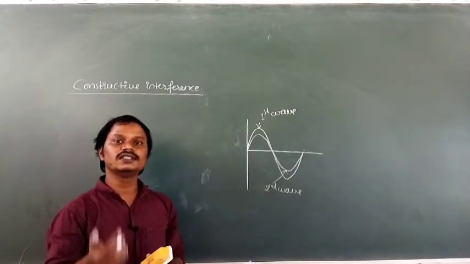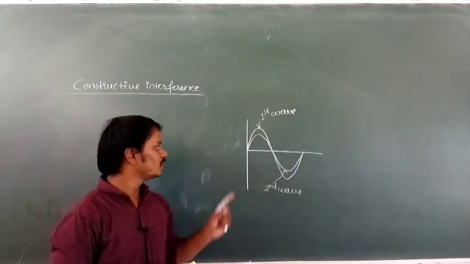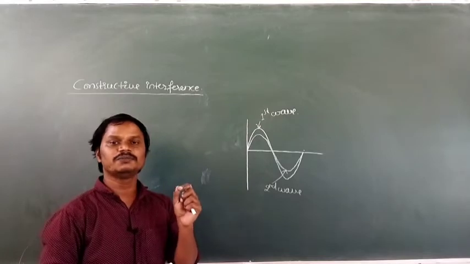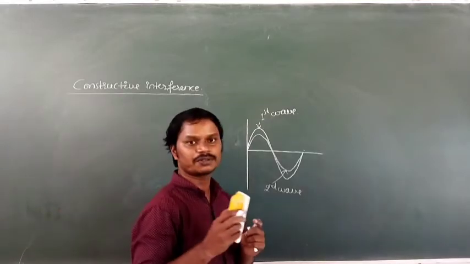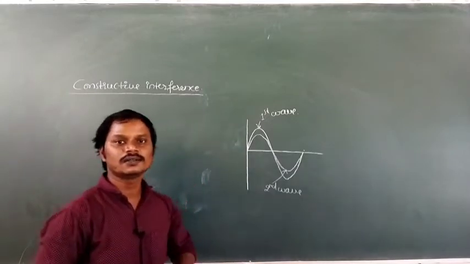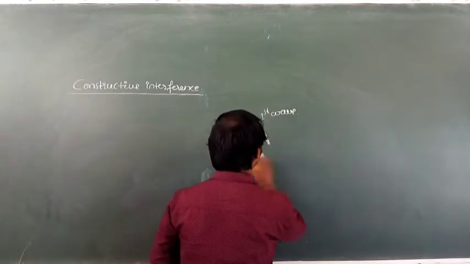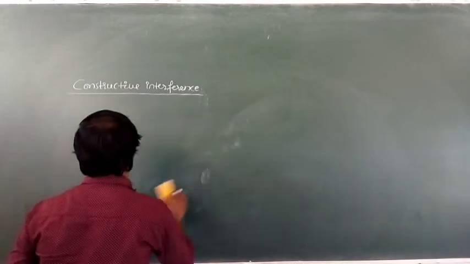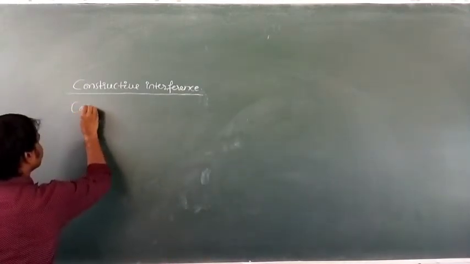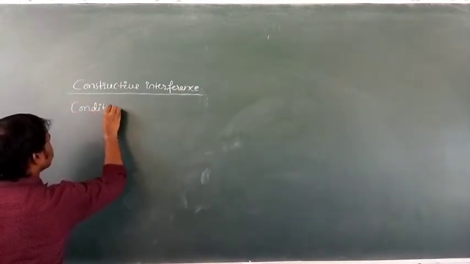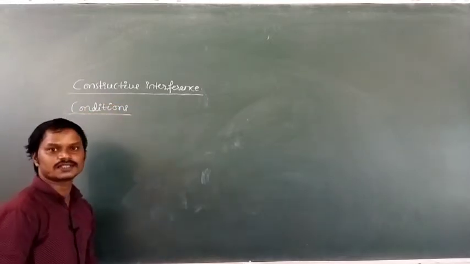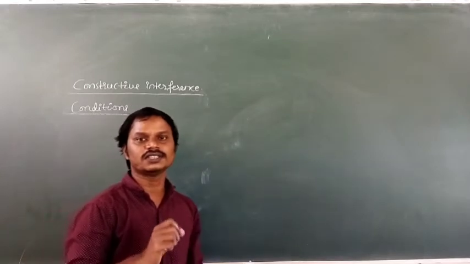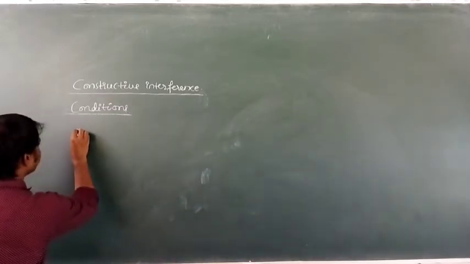Now what are the conditions for constructive interference? The condition is that the waves must meet in phase. Means first we have to find the phase difference and path difference. What is the first condition? The first condition is phase difference.